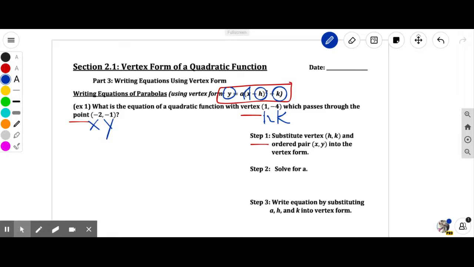So we are going to plug in all of these values, and the only thing we don't have is a. We're going to plug in all these numbers, and then solve for a. That's our step 2. And then at the end, we'll take a, h, and k and write our equation. There's definitely a lot of algebra in this topic, but if you take it one step at a time, it's not too bad.